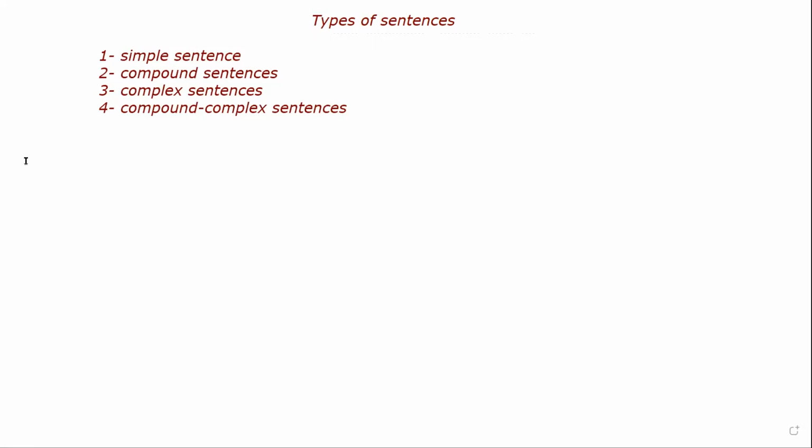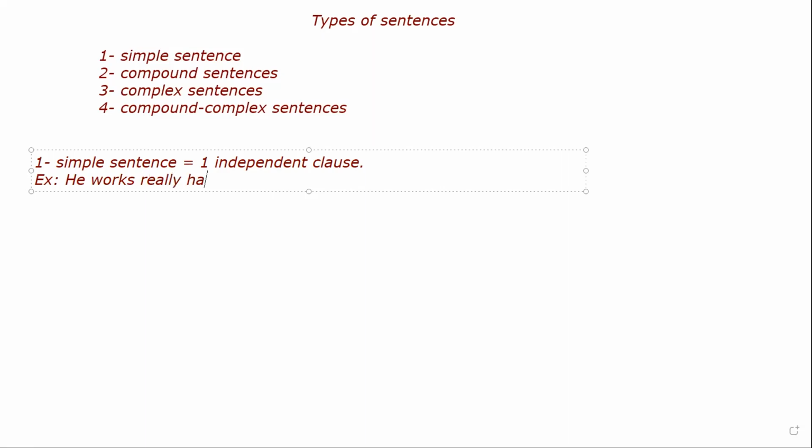Simple sentence. Let's take simple sentence, the first one. Simple sentence is equal to just one clause. Any clause? No, one independent clause, not just any clause, right? One independent clause can make up a simple sentence. Example for this is: he works really hard.